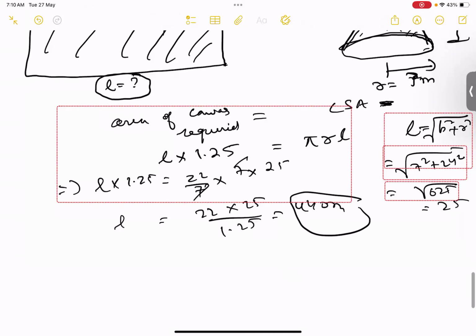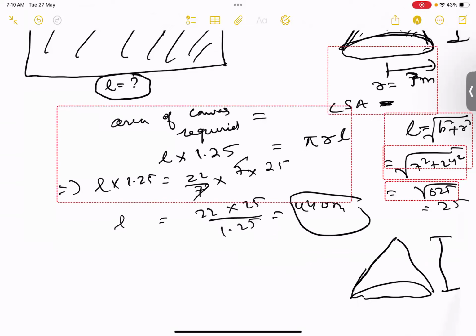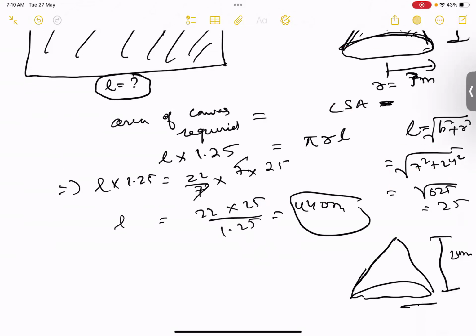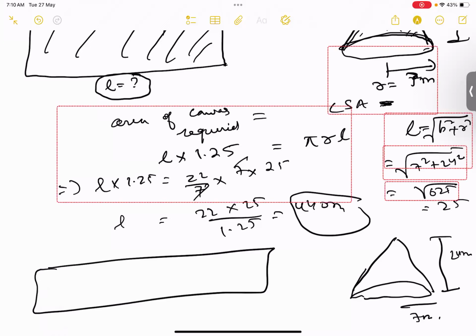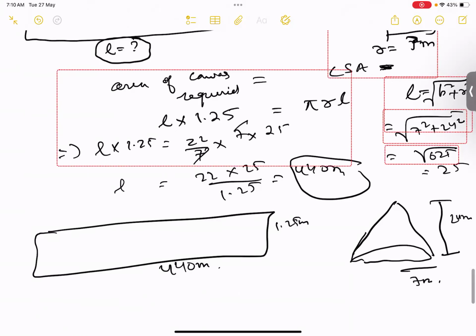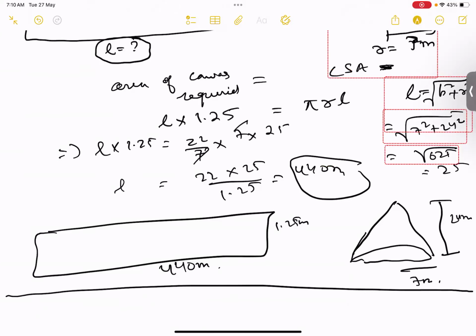So in order to pitch a conical tent having a height of 24 meter and a radius of 7 meter, we will require a canvas of width 1.25 meter having a length of 440 meter. So this is the way to solve this question, okay?